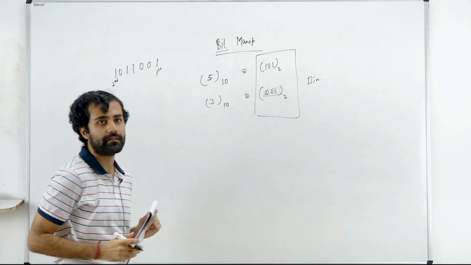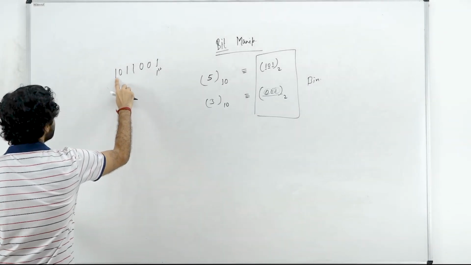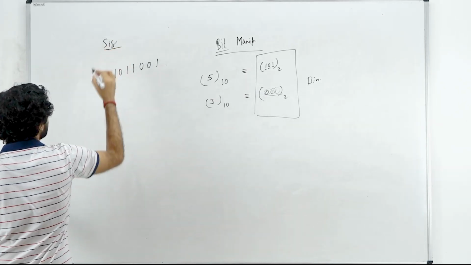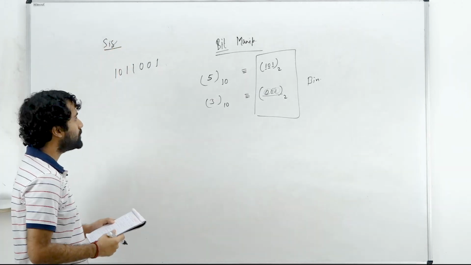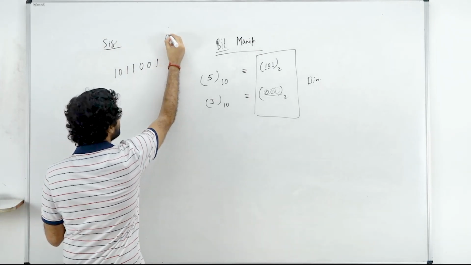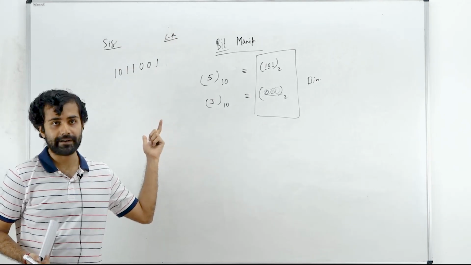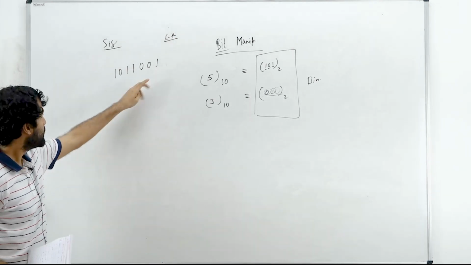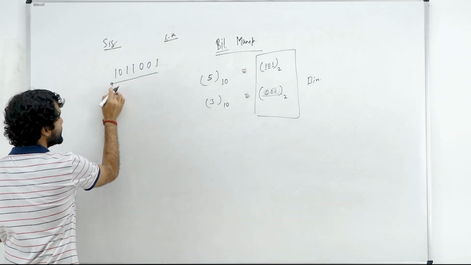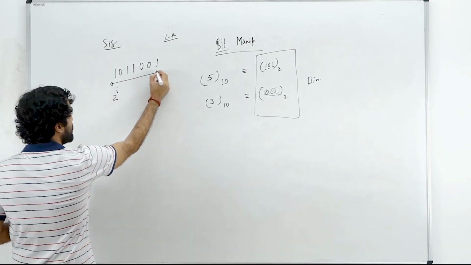Yeah, the second one is the most significant bit. Why? What is the significance of a bit? Significance of a bit is the value associated with it. So if a bit is at the ith position, then how much is the value associated with it? 2 raised to power i, right? So if the value of i increases from here to here, then the value of 2 raised to power i will also increase.